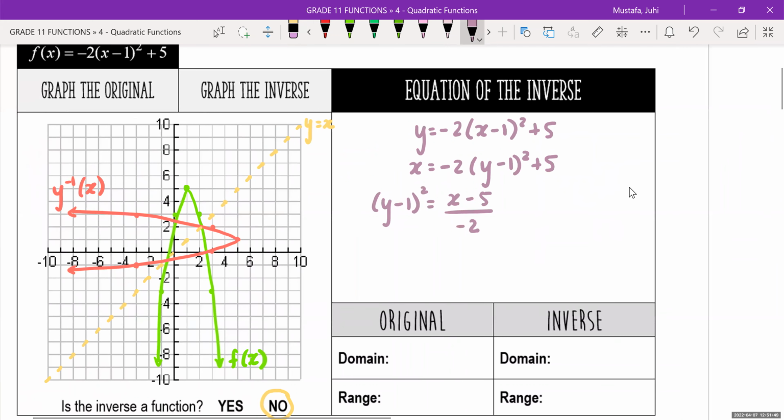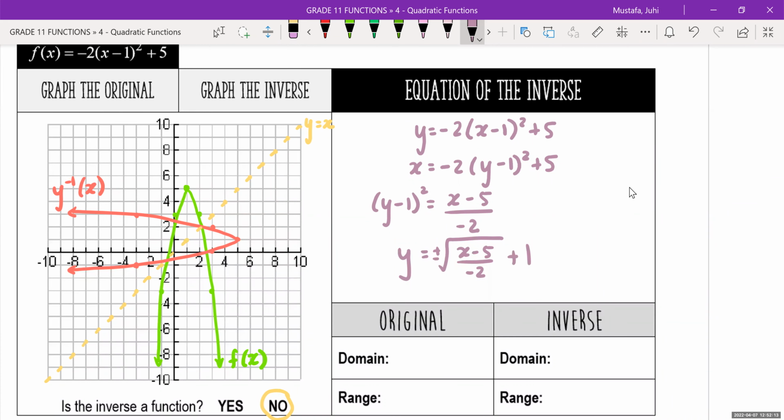So when we take the square root, we're going to go y minus 1 is equal to plus or minus square root of x minus 5 over negative 2. And then we just need to move the 1 over, so the negative 1 will become a positive 1. I kind of ran out of room, so I'm going to do that in the same step as well. So it's going to be plus 1.